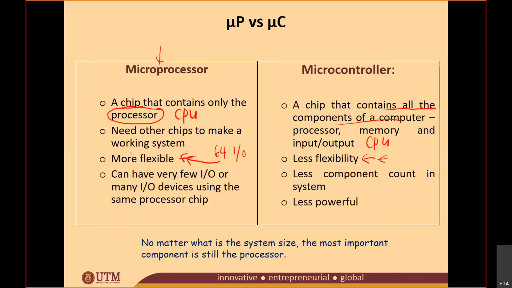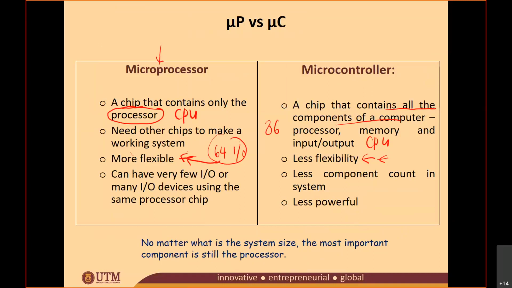But before that, you already bought the 64 GPIO, and then let's say in the next assignment, you're going to expand this GPIO from 64 to 86, for example, input output that you're going to use for this project.